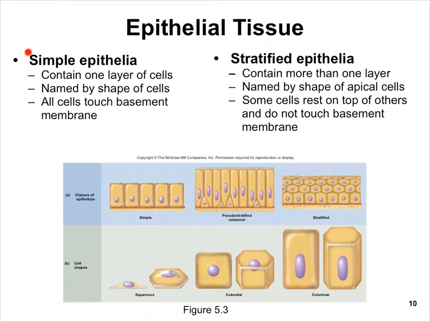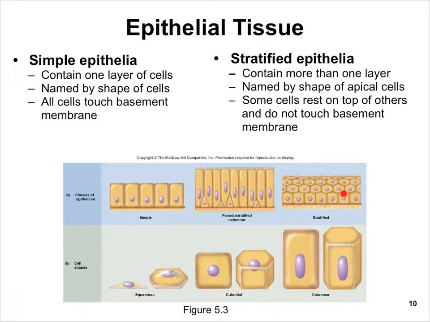Simple means that all of the cells are in a single layer. So this is simple epithelia, one layer. Stratified epithelium has multiple layers of epithelial cells. So this is stratified epithelium. Here we have a layer here. Here's a second layer. Here's a third layer.